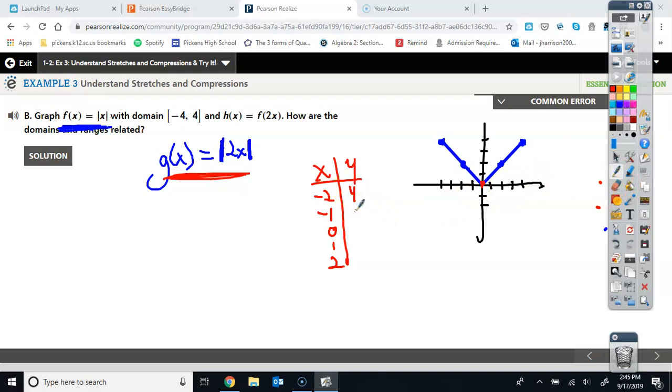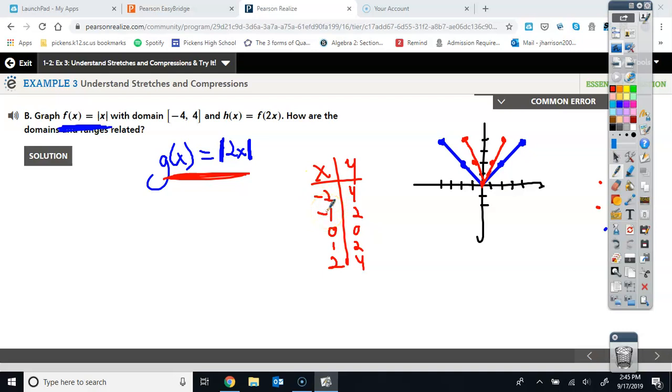I apologize. What actually happens here is this graph squeezes in tighter, like we were talking about, like you probably have seen happen on the other part of the video that's messed up. But it squeezes in tighter, and it does not keep on going up this way. The domain actually gets smaller on this one here, because the 2 times the x makes it -4 there.